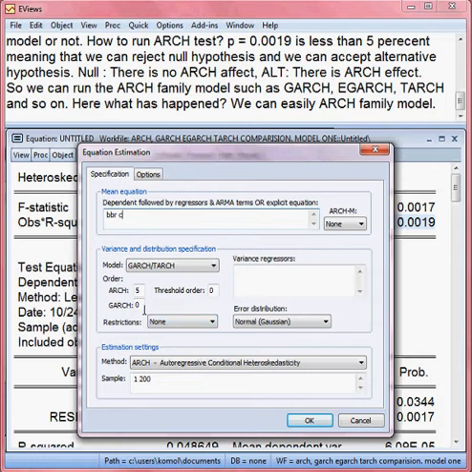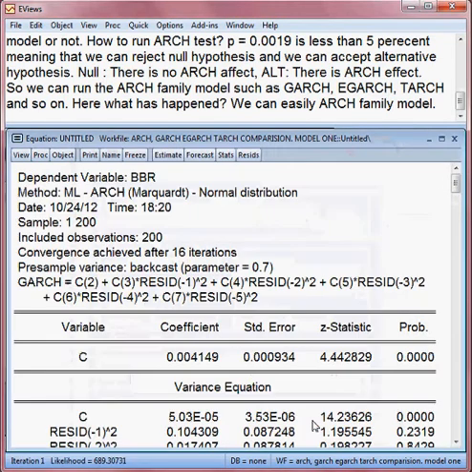And here I choose first GARCH is 0, but ARCH is 5, okay? And here I choose the normal Gaussian distribution, right? So then we can run the model. I click OK, so this is my model.